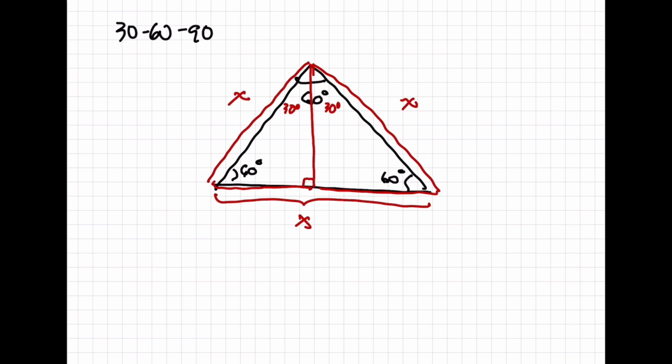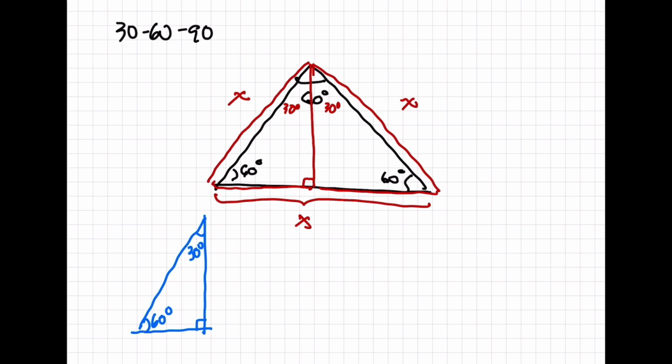So I'm going to extract this first half from my drawing. How will it look like? So it's going to look something like this. You have your 60 degrees, you have your 30, and your 90 degrees.